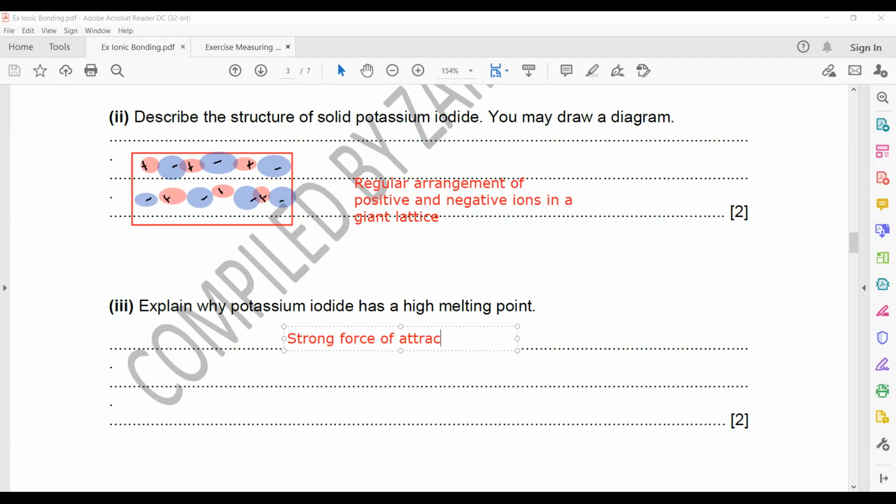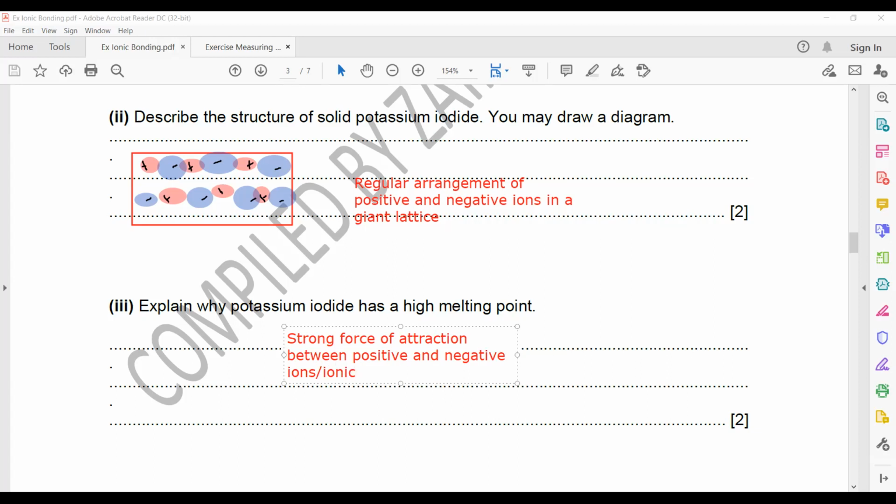There's a strong force of attraction between positive and negative ions, or we can also say ionic bond, strong ionic bond.